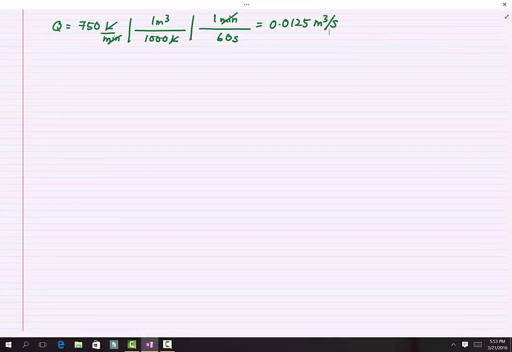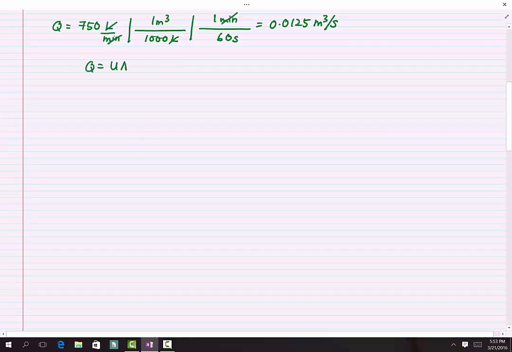To find the velocity, you have to use the equation Q equals UA, so U equals Q over area. The area of the pipe is pi d squared over 4. So pi times the diameter of the pipe, 0.1, squared, over 4.